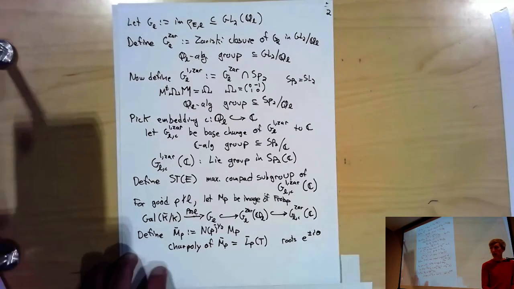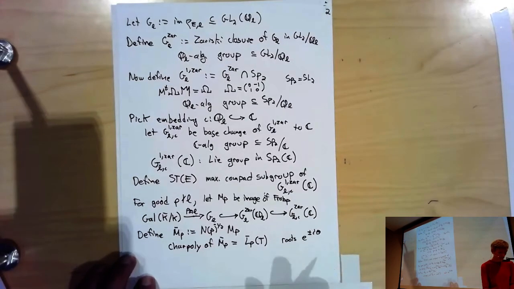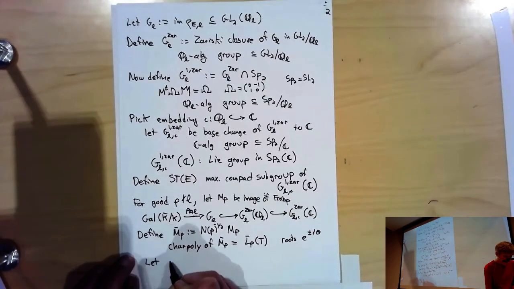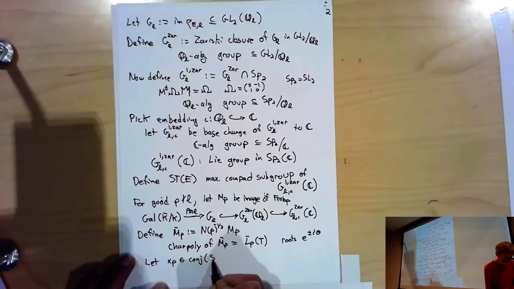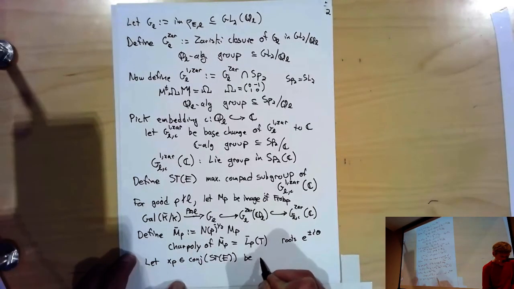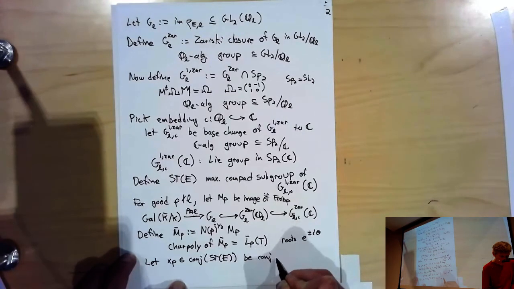So they look like e and their conjugate, because of the functional equation, e to the plus or minus i theta. And now we can let our conjugacy class, X sub P, be the conjugacy class corresponding to theta.